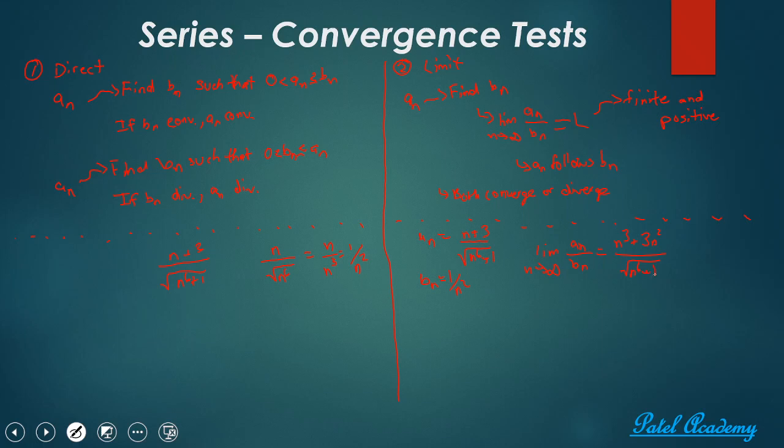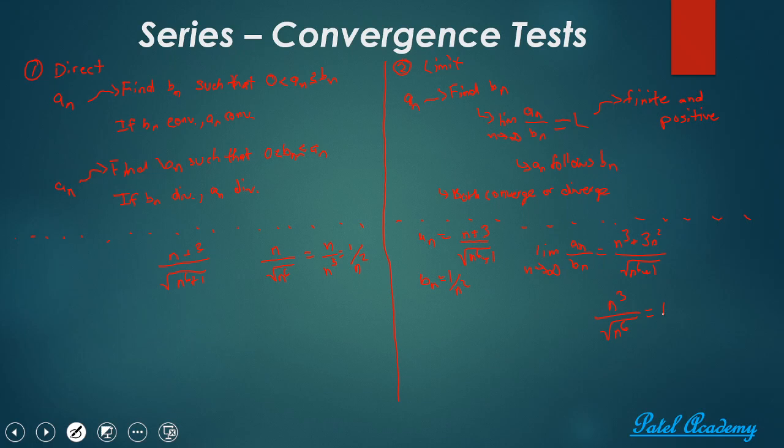And so what happens is that as n goes to infinity, the dominating terms become n cubed and the square root of n to the 6th, and this is just going to be 1.